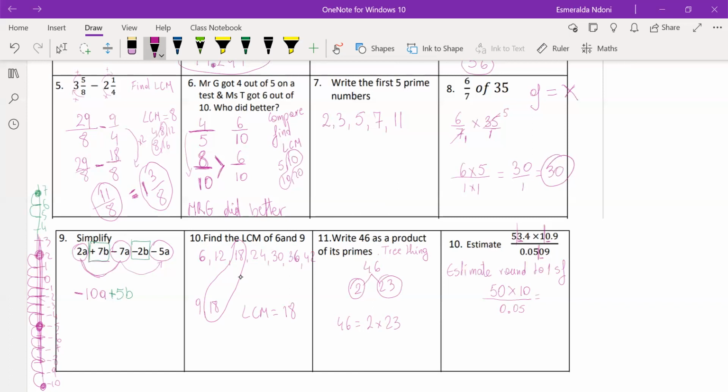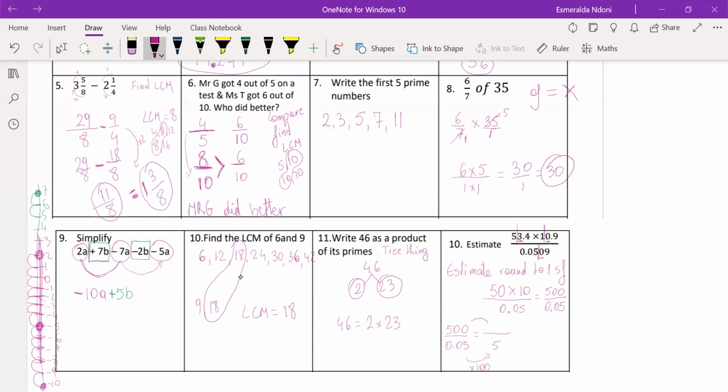Now we work this out. 50 times 10 is 500, over 0.05. We cannot divide by a decimal, so we need to use our fraction skills to work this out. We're going to turn this into an integer by multiplying by 100.